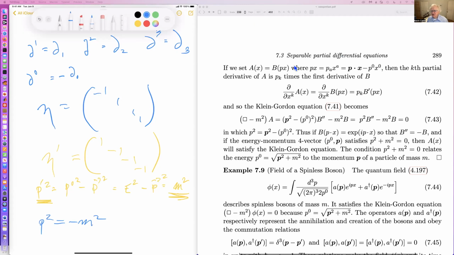And the solutions to these are quite simple. It's px, which you can write as p lower a x upper a, and that's just p dot x minus p0 x0.